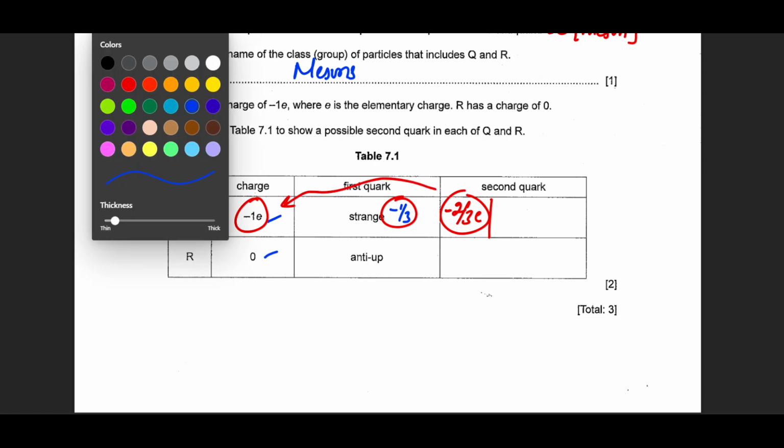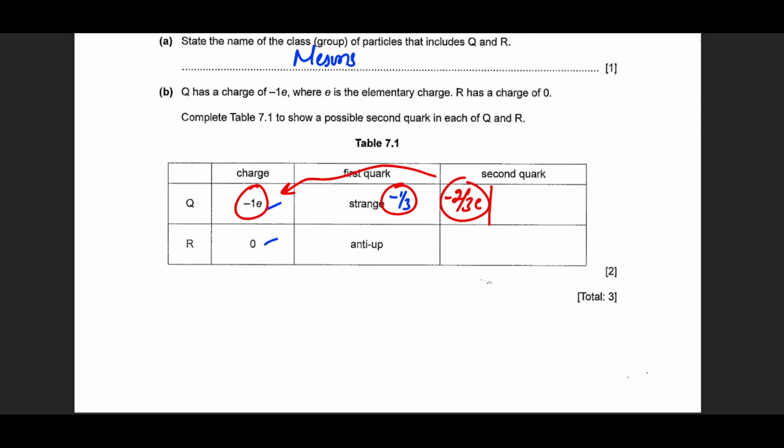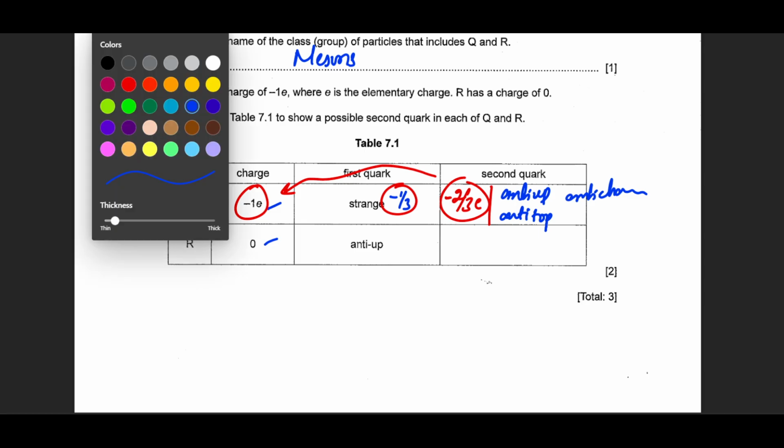So we predicted the charge correctly, but now we have to recall from memory who has -2/3e. So an up quark or a top quark or a charm quark all have +2/3. But since this has to be a -2/3, we would have to choose the anti-versions of these. So this will either be anti-up, anti-top, or anti-charm quark, right?